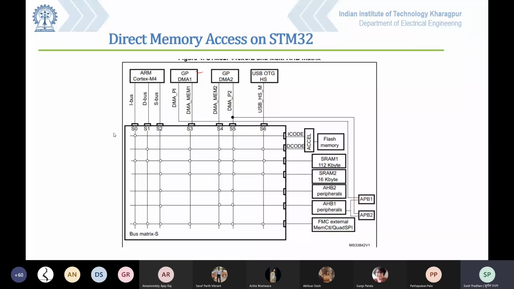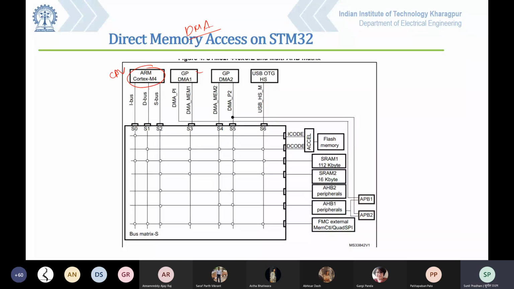Since this direct memory access, this DMA, can be explained very well on an STM32 microcontroller rather than the Pi board, because the Pi board has a dual core ARM processor, it is better to go for a single core and let us work it out. So this is an ARM based CPU.